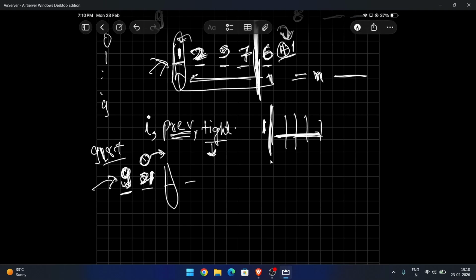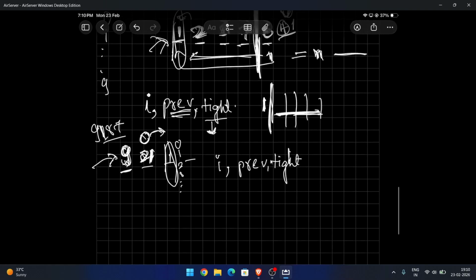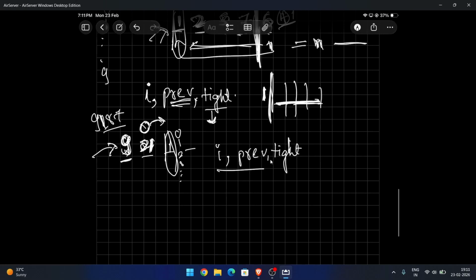But if I am again putting 1, then my tight again would be 1, because I am again bounded by my number, so I can go from 0 to 8 only. So till now we are storing i, previous, and tight. With these three conditions, we can create all the numbers.